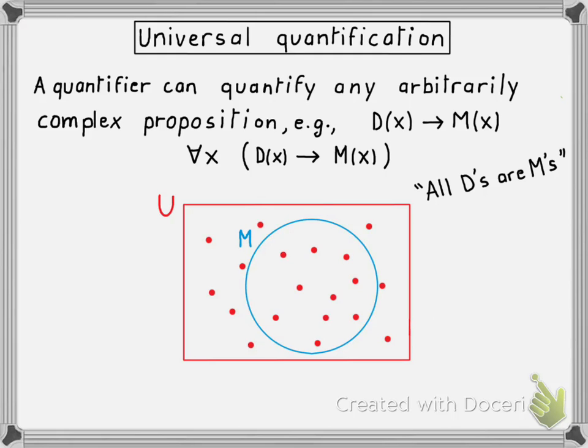So in conclusion, the only way we can draw the circle for D of x is somewhere inside the circle for M, like this. So in conclusion, if this proposition is true, it means every element for which D is true must also belong to M. In other words, the circle for D, or the set of elements for which D is true, must be a subset of the set of the elements for which M is true.